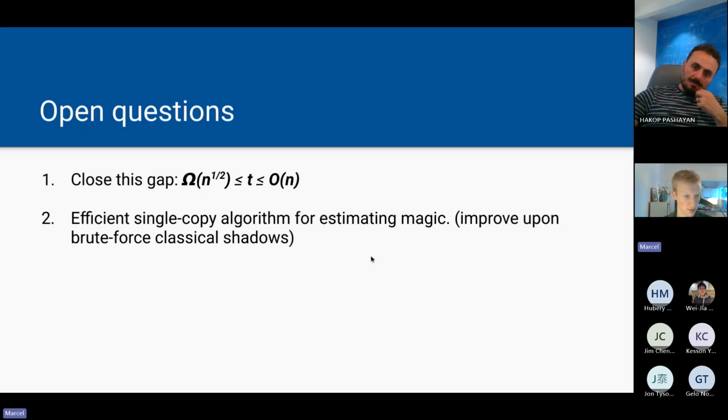And I wanted to mention that there is already a sample efficient way for estimating magic in a single copy manner, which is just running classical shadows on your state and estimating the fidelities with all stabilizer states.